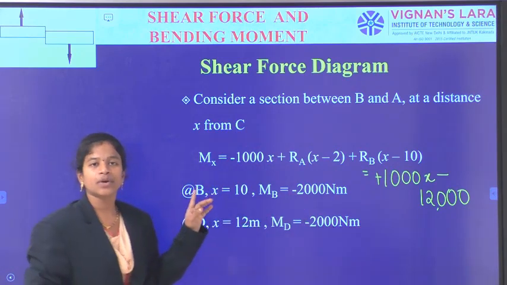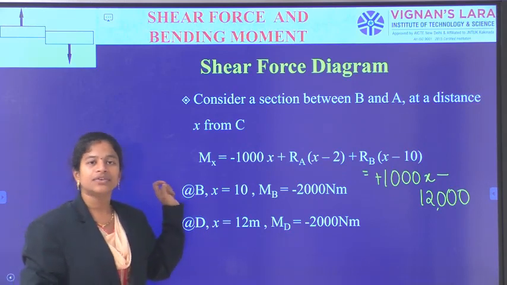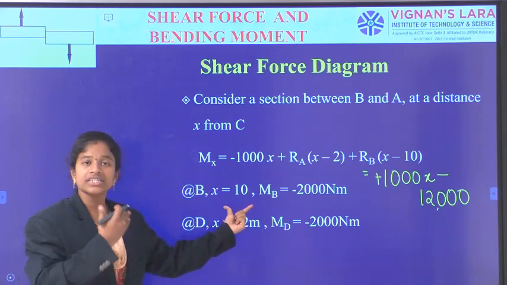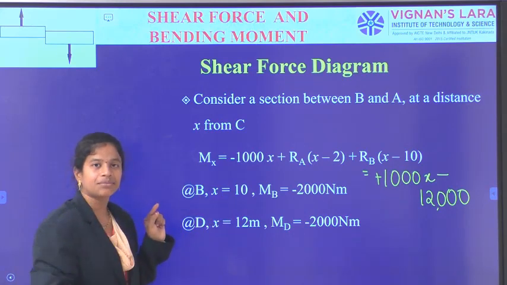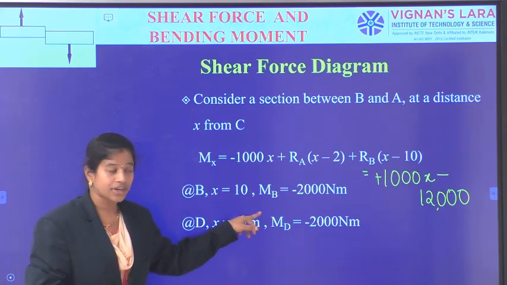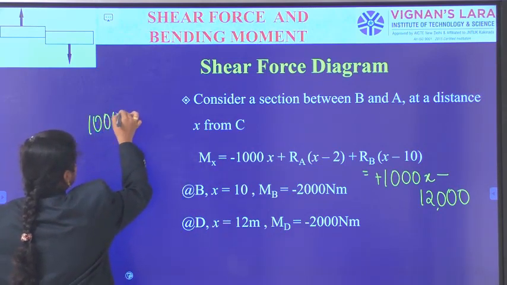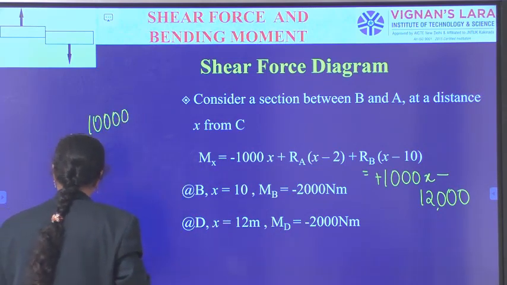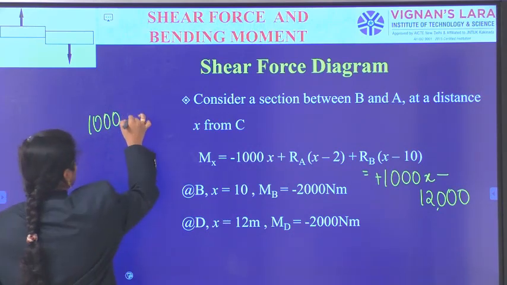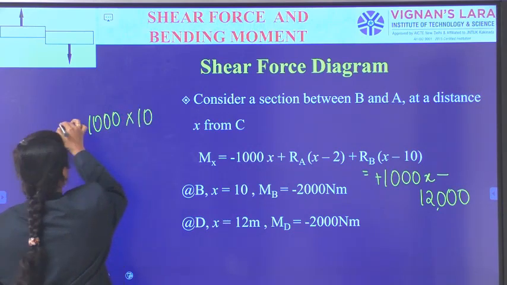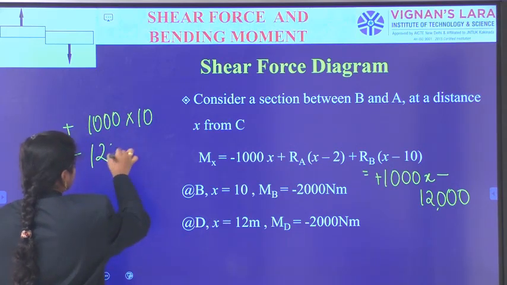Now this equation is valid in between B point and D point. So at B, which is at a distance of 10 meters from C location. From C location, B is at 10 meters. So at x is equal to 10 meters, the corresponding MB is equal to 1000 times 10, which is a plus value, and minus of 12,000.